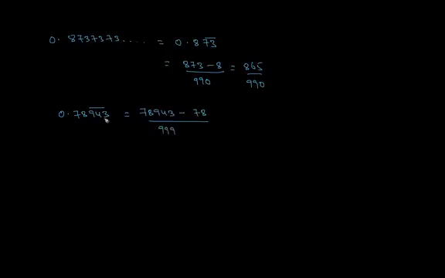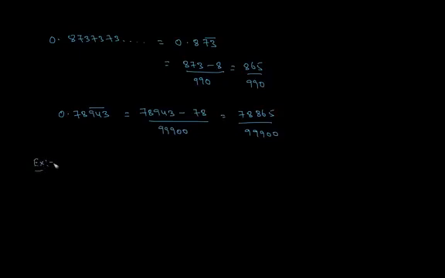So 3 nines. There is no bar for how many digits? 2 digits. So 2 zeros. Understood? How do you need to write? So it will be 78865 by 99990. Understood? Right.